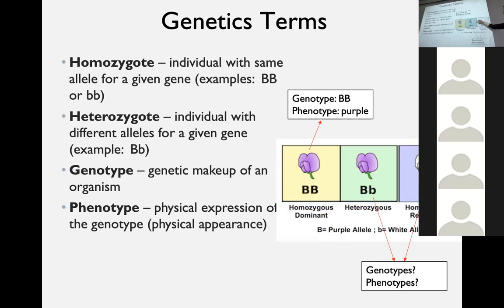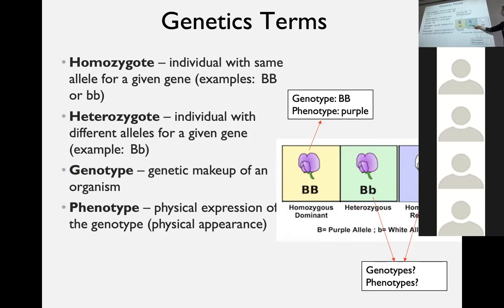So what is the genotype of this one in the middle? If the genotype of this one is big B, what's the genotype of this one? Big B, little b, thank you. I think everyone knew that. So the genotype for this heterozygous individual is going to be big B, little b, and what's the phenotype?